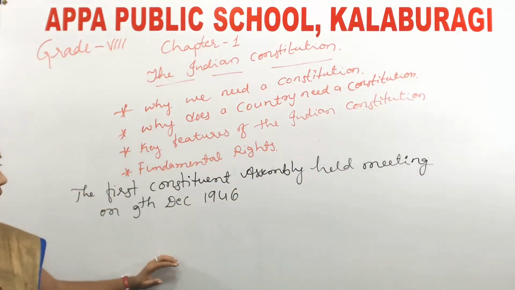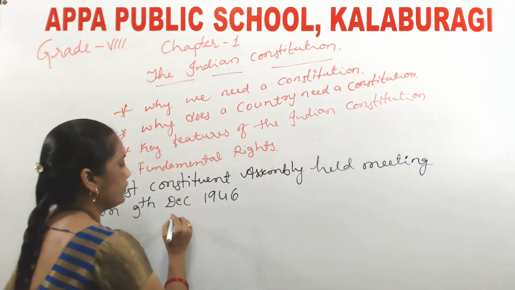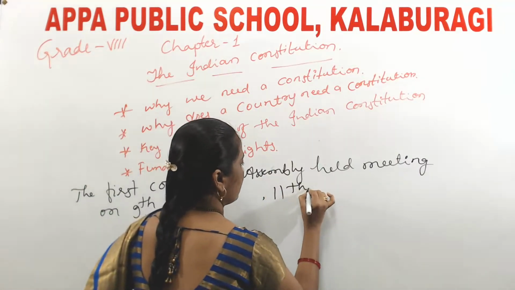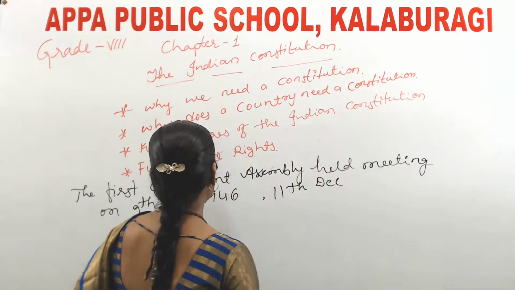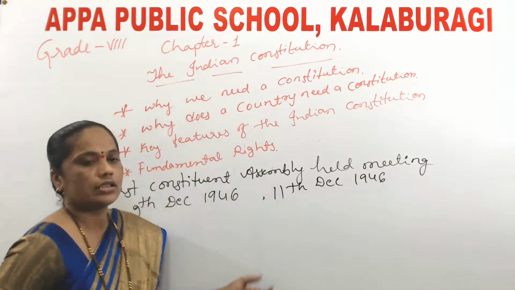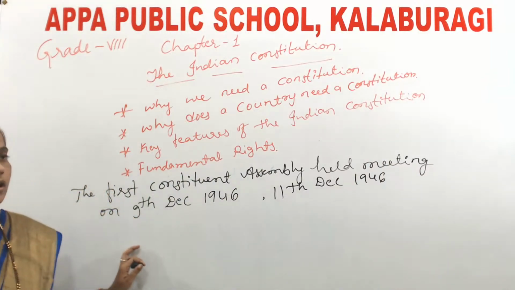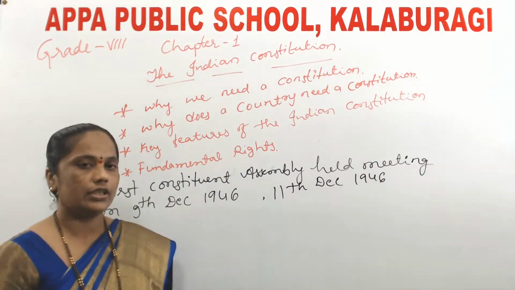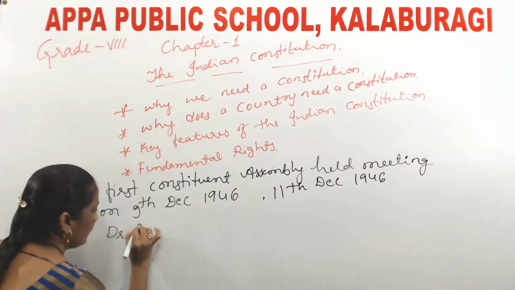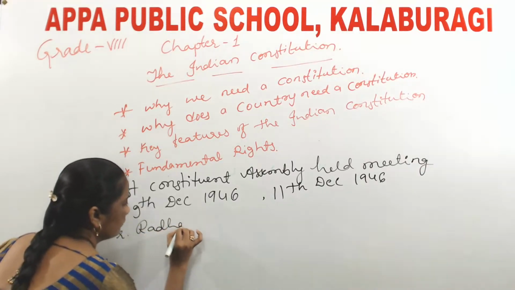After two days, on 11th December 1946, Dr. Radhakrishnan became the permanent chairman of the Constituent Assembly.